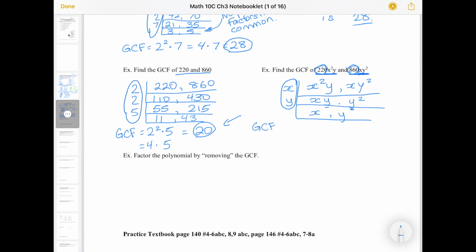So if we combine that together, the GCF of 220 x squared y and 860 xy squared is my number 20, and these guys, 20xy.